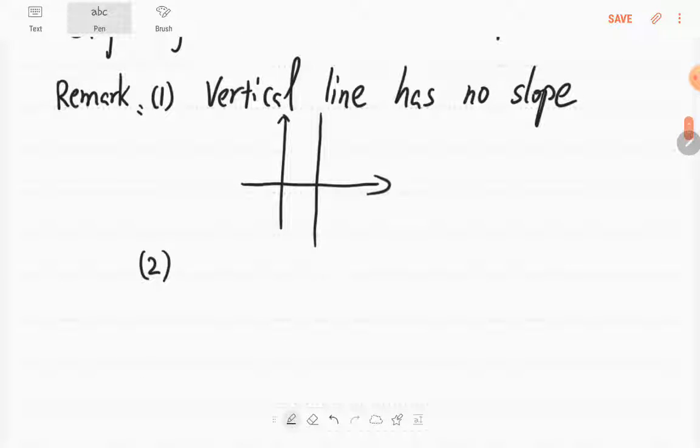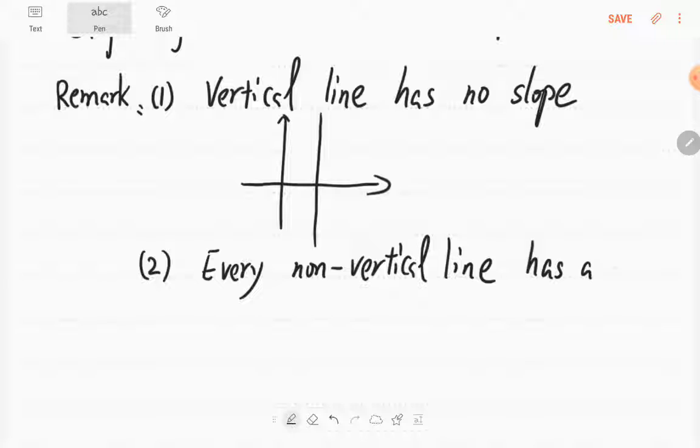The second: every non-vertical line has a slope.